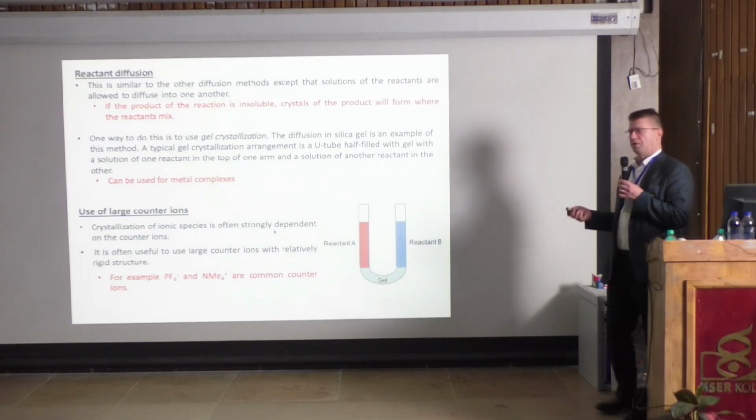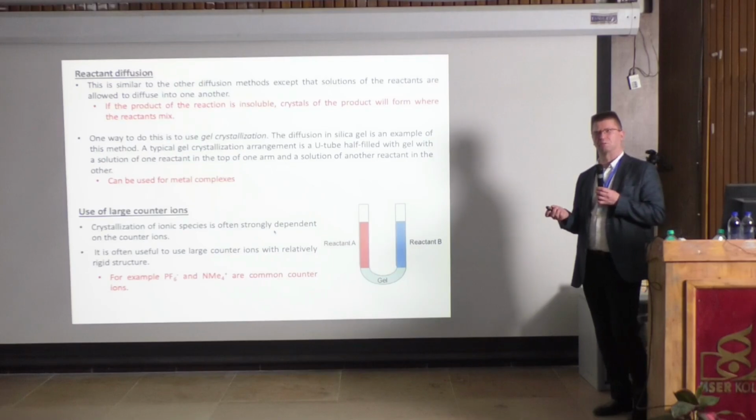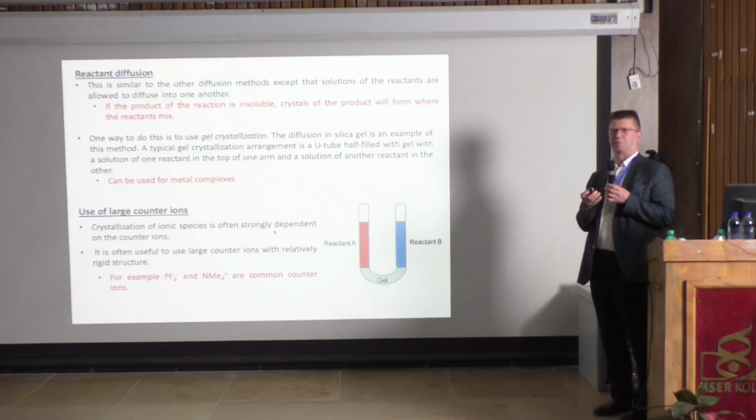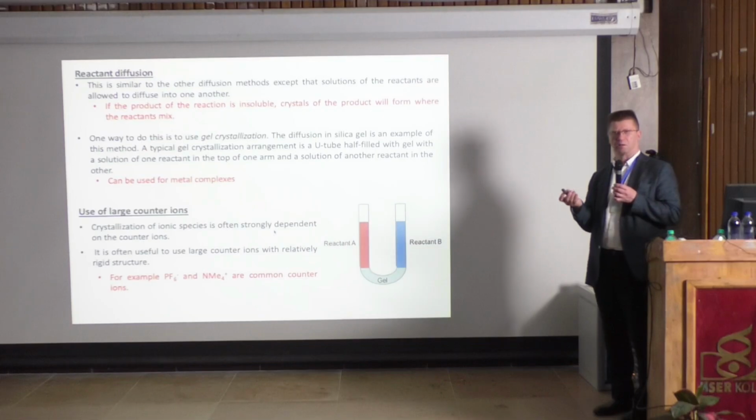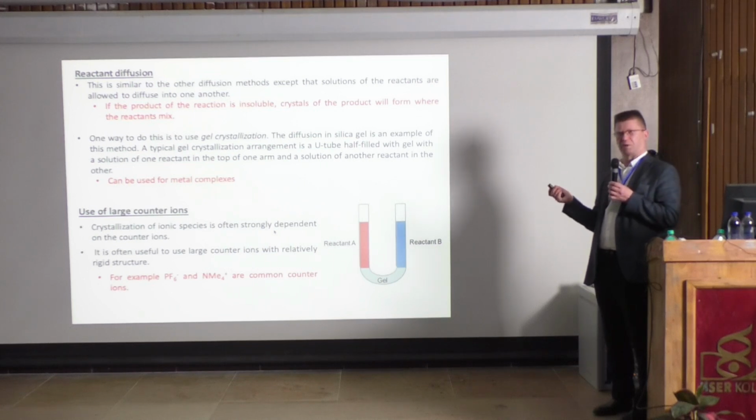Now, if you are working on charged systems, so you have a metal complex, for example, or an organic cation that has a positive charge, we have an additional variable in addition to everything I've shown. That is the anion. And it has a big impact.